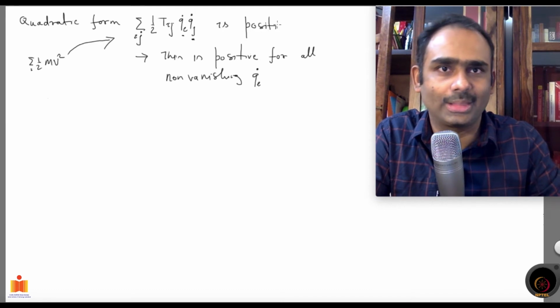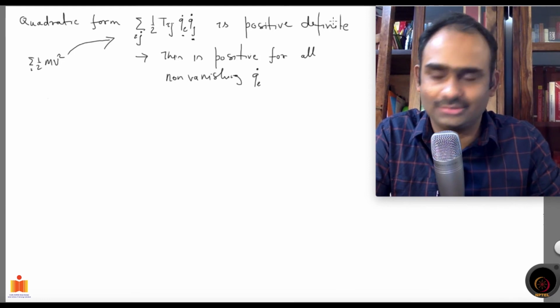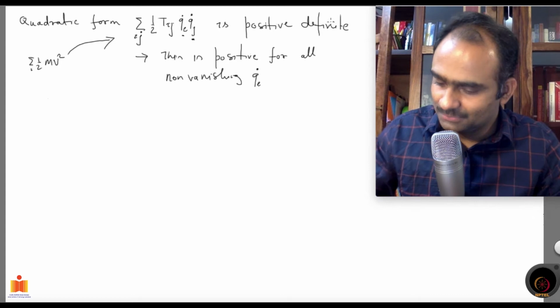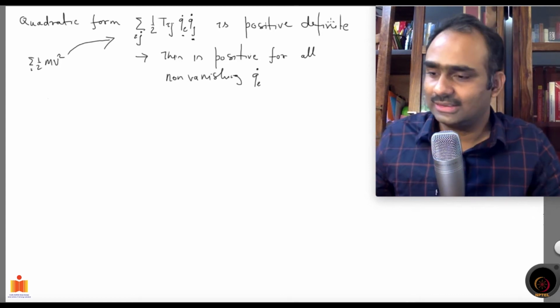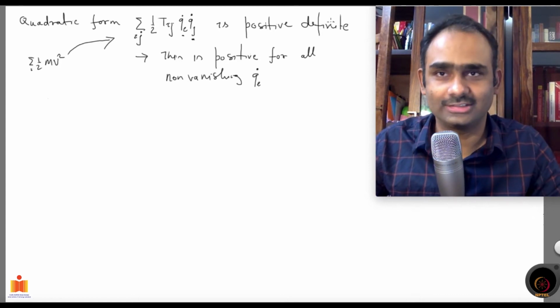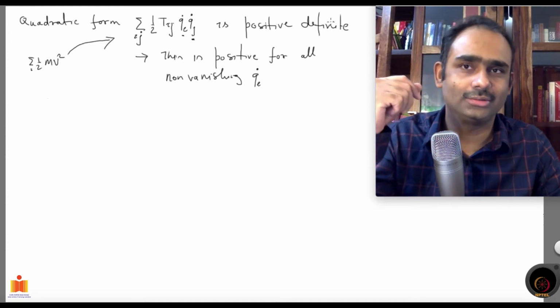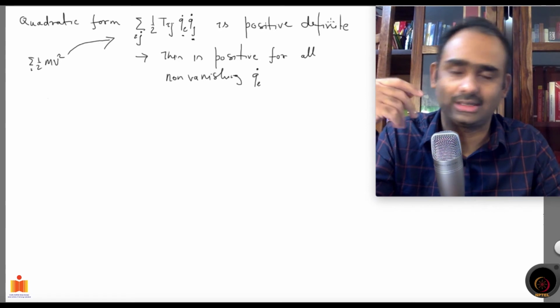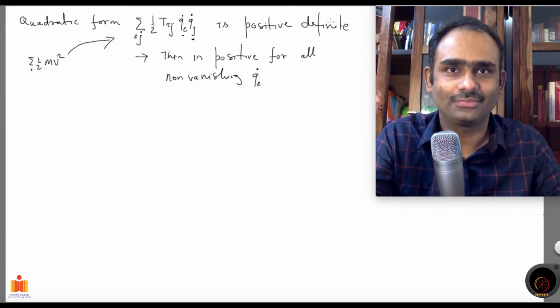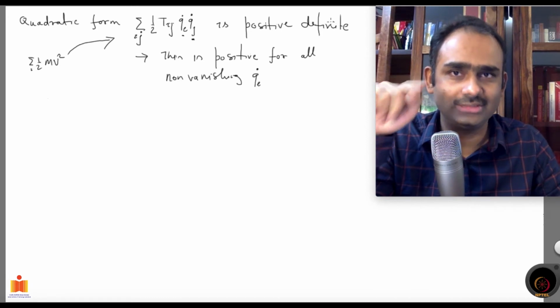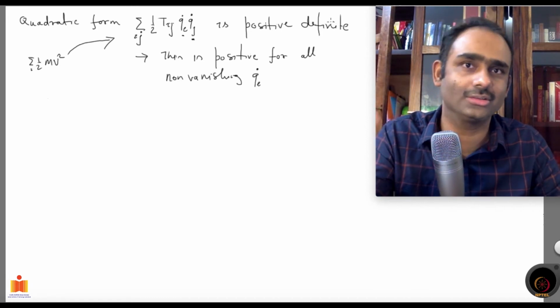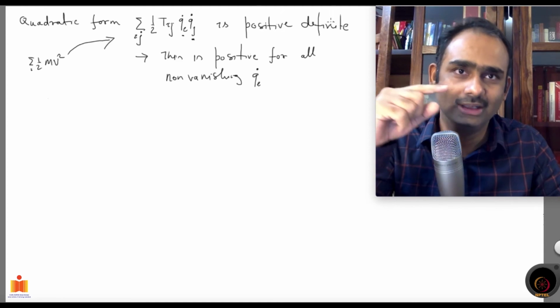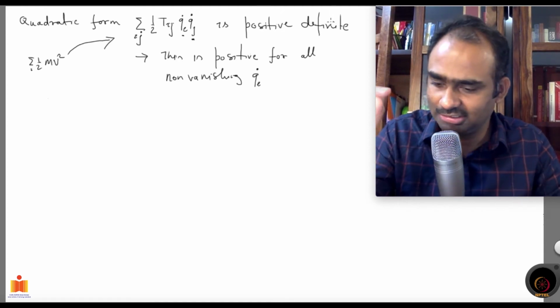So I have argued that this quadratic form is positive definite. And this is very, very nice, because the moment I can say this is positive definite, I go back to what we were talking about, simultaneous diagonalization of two quadratic forms, and see that I will be able to not only put this in diagonal form with unit coefficients, but also simultaneously diagonalize the quadratic form corresponding to the potential term.